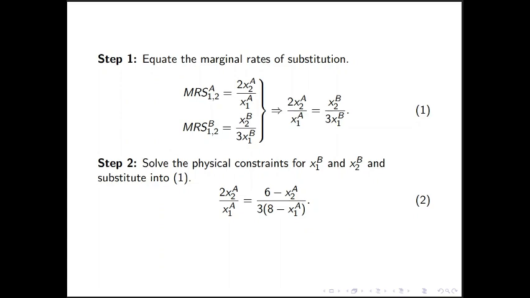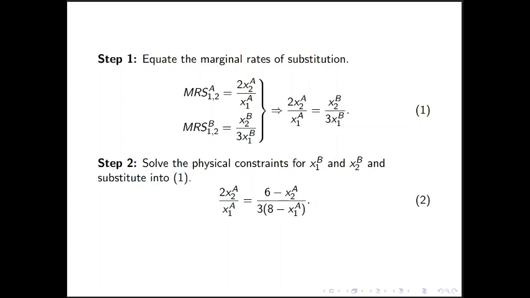So how do we actually go about solving this model? The first step is to equate the marginal rates of substitution. Once you have done that, which is what I call equation 1 here, you take the physical constraints that we already have from the definition of the model, you solve them for the variables of player B and substitute into equation 1.